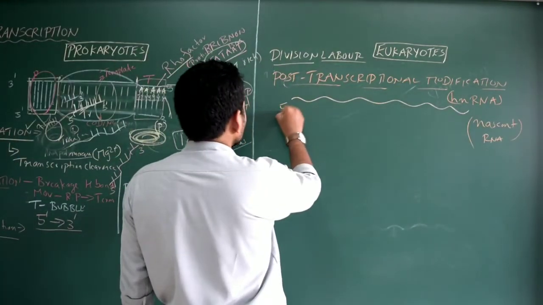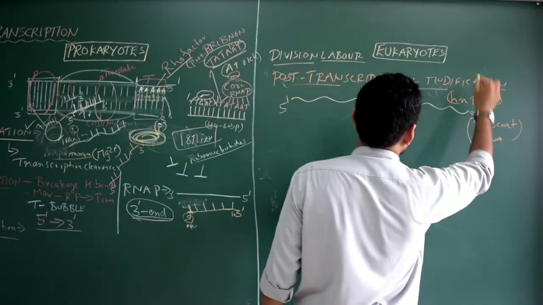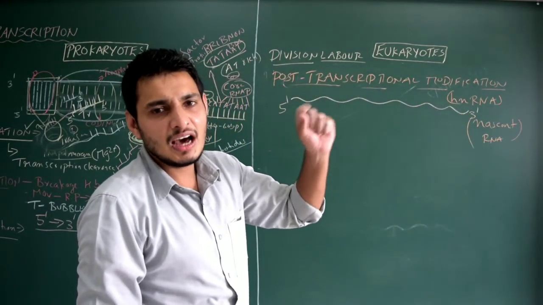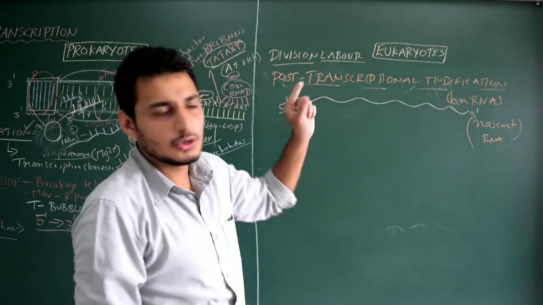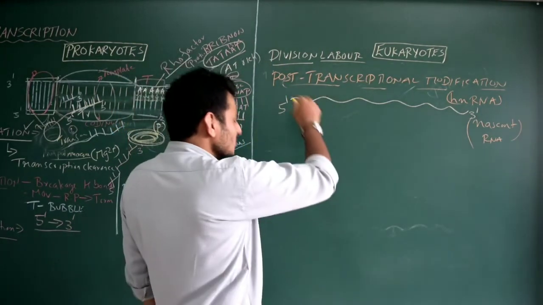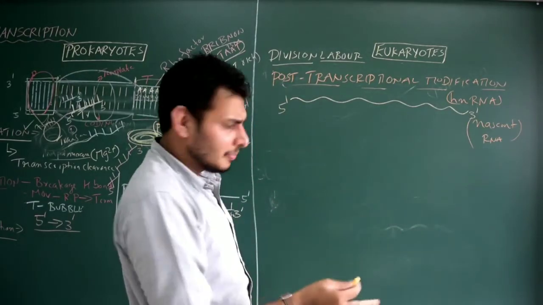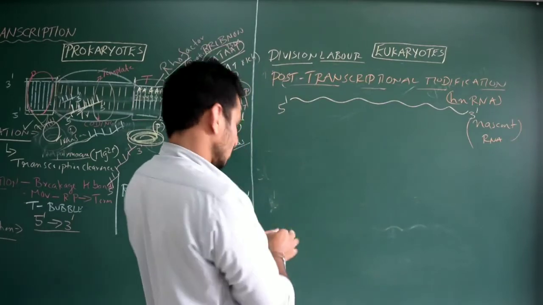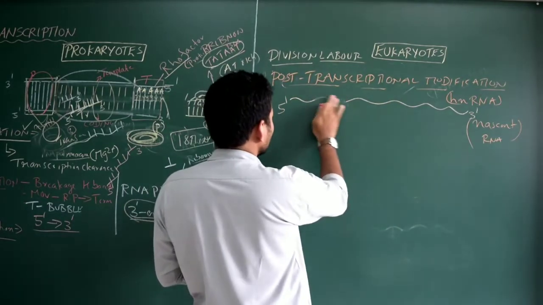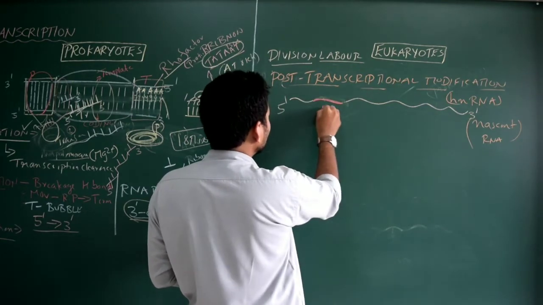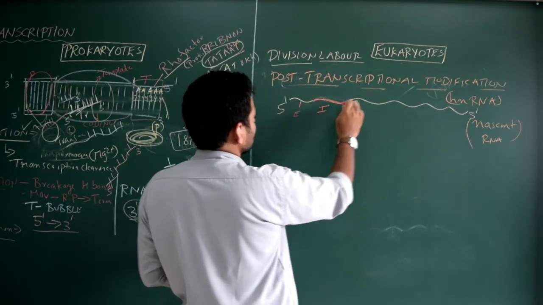Okay, so we just write 5 prime here and 3 prime here. Got it? So within the nucleus, once the hnRNA, the nascent RNA, is produced from the eukaryotic DNA, within a fraction of a second some enzymes will come for modification. So here I'm going to use red color. It is understood that red color is introns, the yellow color is exons.